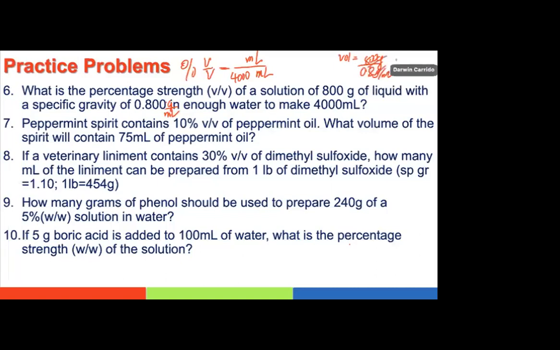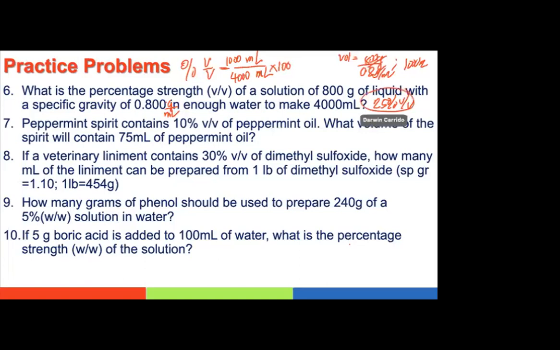And what's the volume of our API? 1,000 ml. So therefore, i-substitute nyo na lang yan sa ating formula, percentage volume by volume is equal to 1,000 ml over 4,000 ml multiplied by 100. The answer here is 25% volume by volume. Nakuha ba? Yes.